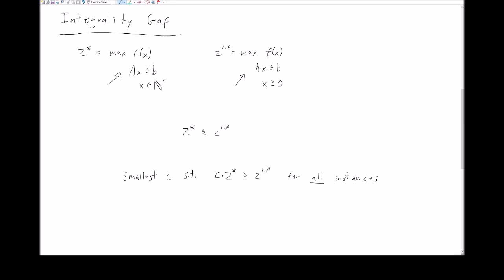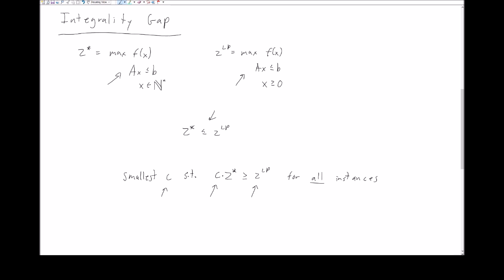We know that because the integer program is a feasible solution to our linear program, that z star is going to be less than or equal to the optimal solution of our linear program. Now what we'd like to do is find some constant c such that when I multiply my integer programming solution by this constant c, it becomes an upper bound for our linear program.